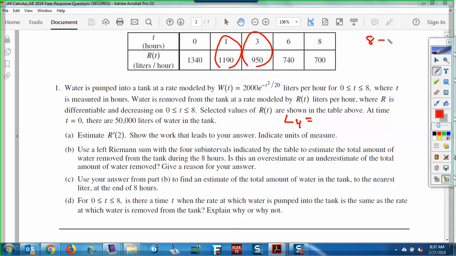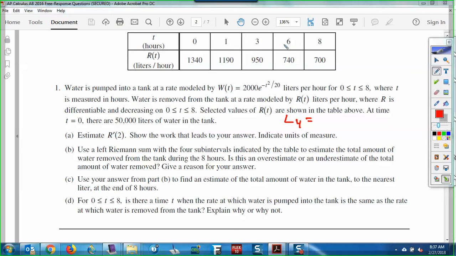Okay, so what would we do? Well, what's our width? 8 minus 0 divided by 4. So our width should be 2. Oh, wait a minute. What's going on? How can we have a width of 2 when this one goes from 0 to 1 and this one goes from 3 to 6? 99% of the time, we're going to have equal width.